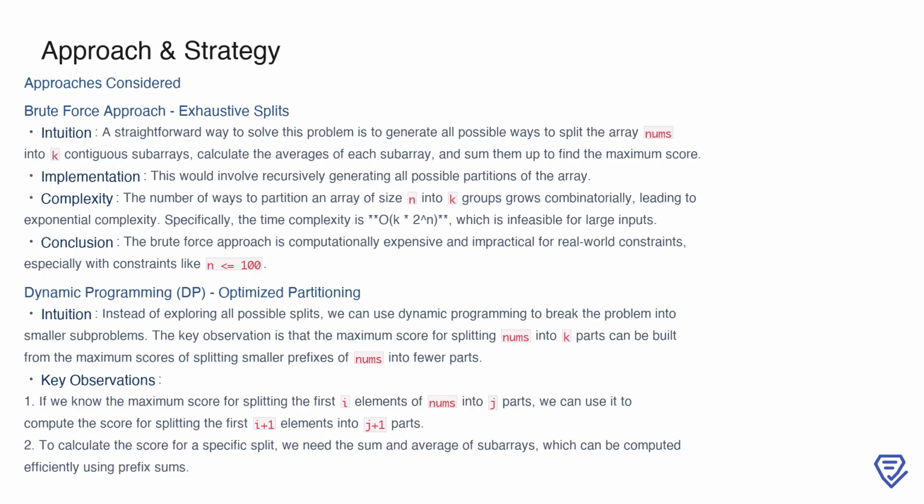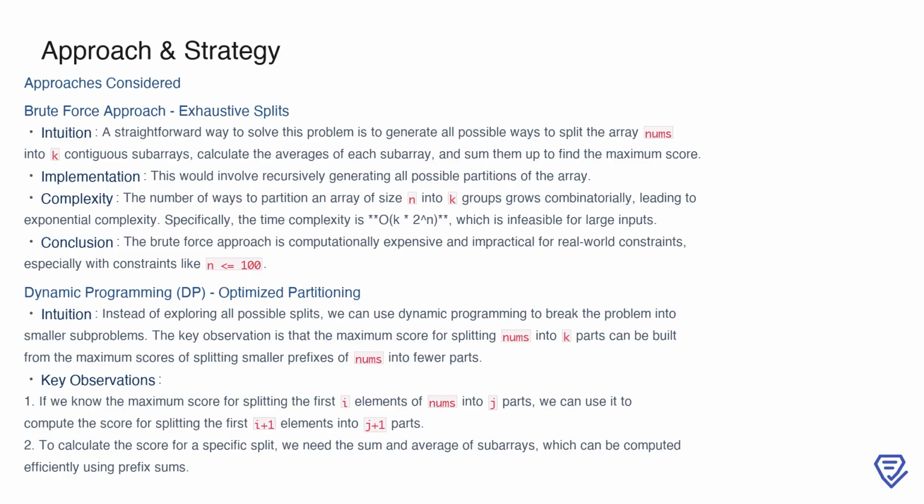To solve the largest sum of averages problem, one straightforward approach we can consider is brute force. The intuition behind this method is to generate every possible way to split the array into exactly k contiguous subarrays, calculate the average of each subarray, and sum them up to find the maximum score. While this method is simple to conceptualize, implementing it involves recursively generating all possible partitions of the array, which means the number of combinations grows exponentially.